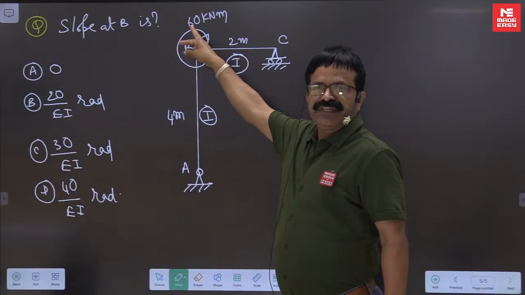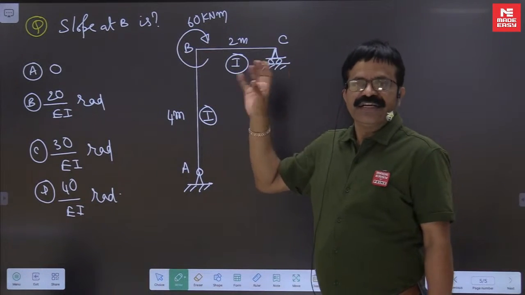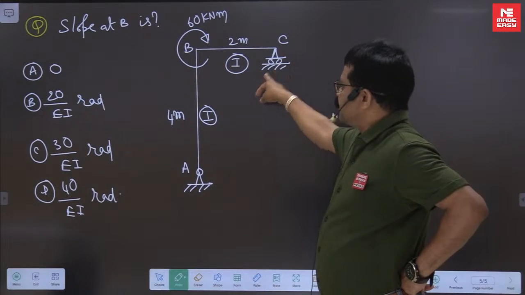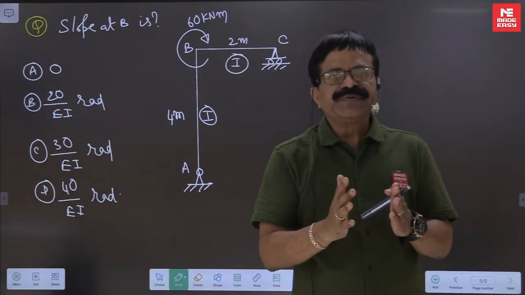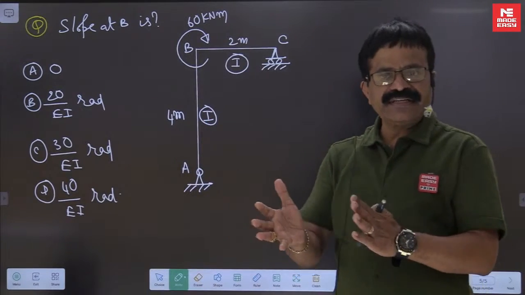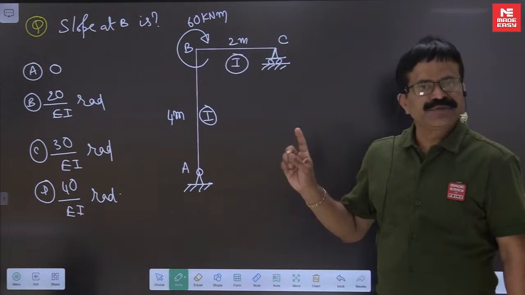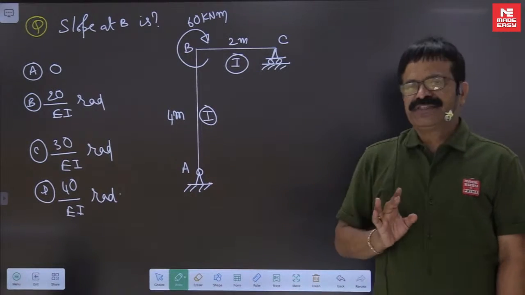This 60 kilonewton meter, let me distribute in the ratio of their distribution factors. The problem is that it will sway also, because roller is there, hinge is there. So non-sway moment analysis and sway analysis separately will take minimum 10 minutes. So moment distribution method should not be used because of the sway. MDM is ruled out.